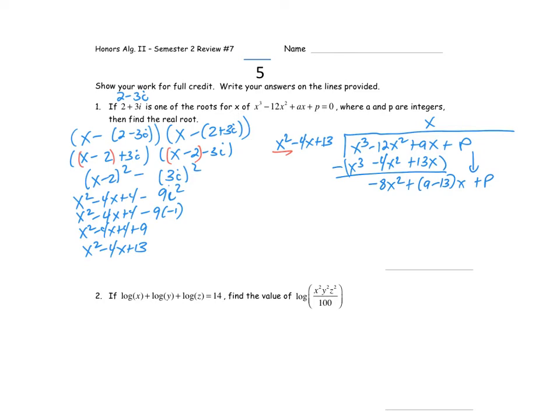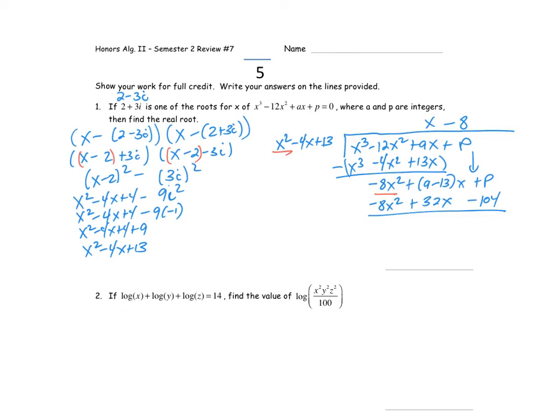We want to know how many times does x squared go into negative 8x squared. That's negative 8 times, so I'll put minus 8. And then we'll multiply, and we get negative 8x squared. Negative 8 times negative 4 is positive 32, so this will be plus 32x. And then negative 8 times 13 is minus 104.